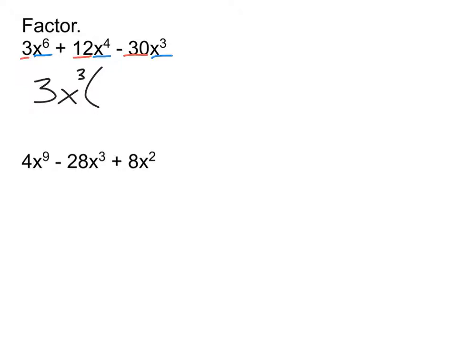All right, so now let's go ahead and do that. For that first term, 3x to the 6th divided by 3x cubed. Well, the 3 divided by 3 gives me 1, and x to the 6th divided by x cubed. Remember, when dividing x's, it's like I'm taking 6 x's, this is x to the 6th, dividing it by x cubed, and you'll notice that when I divide those, 3 of them cancel out, and so I'm left with 3 behind.